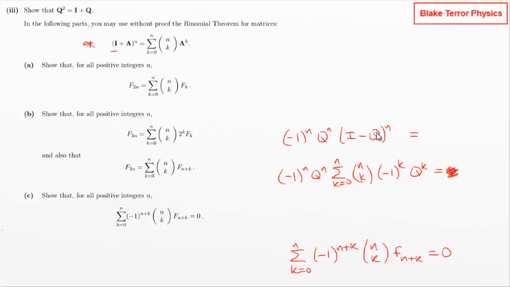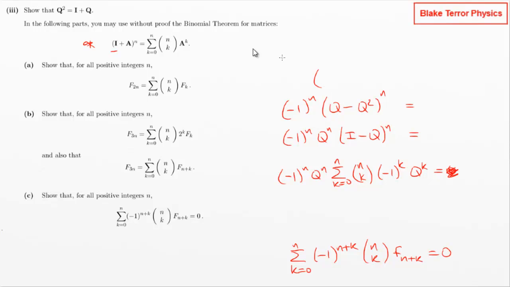If I just put that here, let's keep going backwards, because I can take that Q inside because everything's to the power of n. So Q minus Q squared to the n, right? Or do I take that minus in?